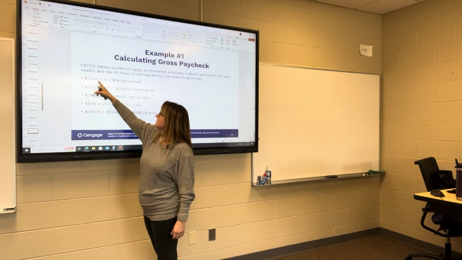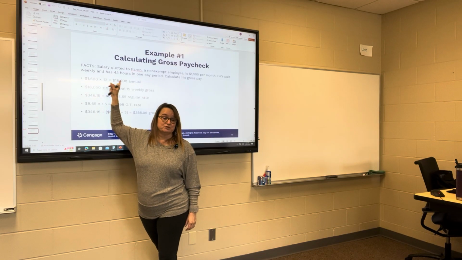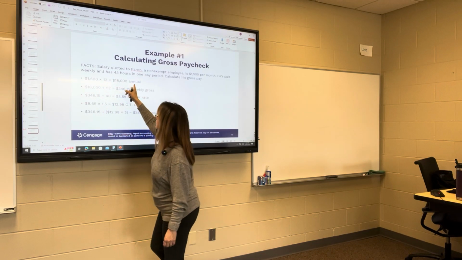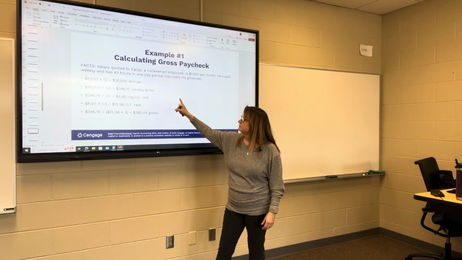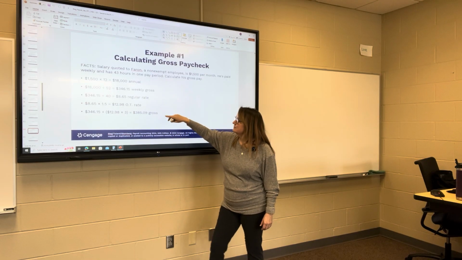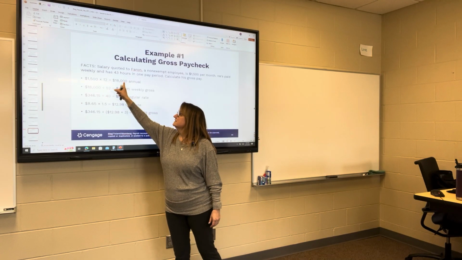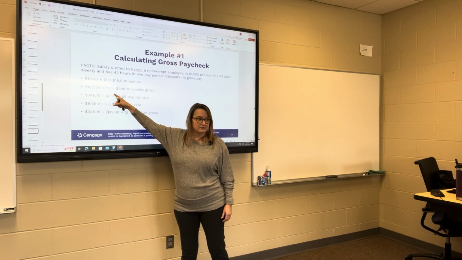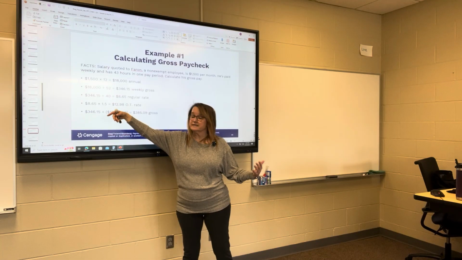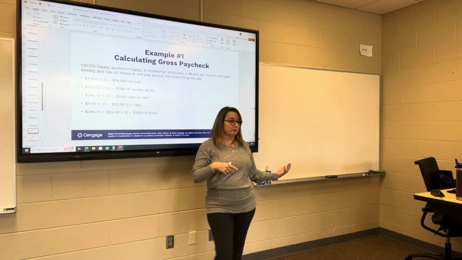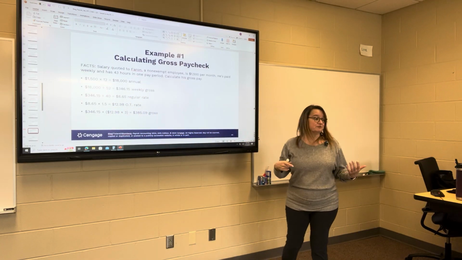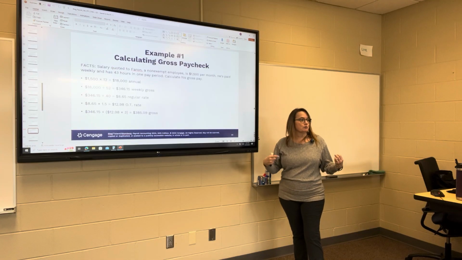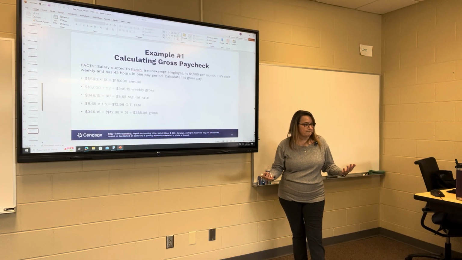So we're going to take the $1,500 a month that he makes times 12 months. He makes $18,000 annually. Second step, we're going to take that $18,000, divide it by 52 weeks in a year to find out what his weekly salary is. He makes $346.15 a week for working 40 hours.